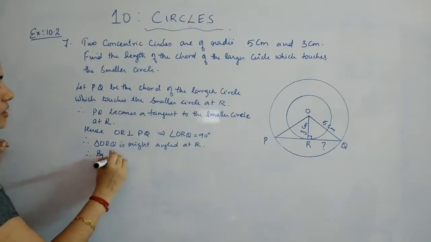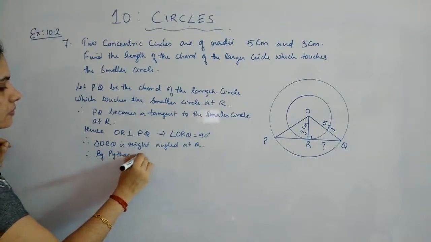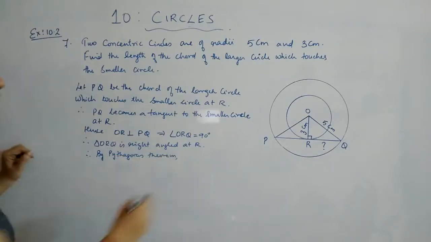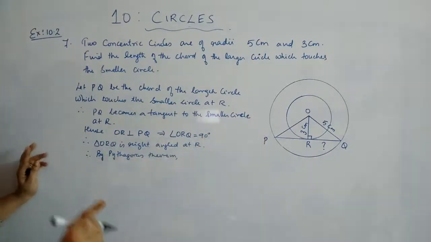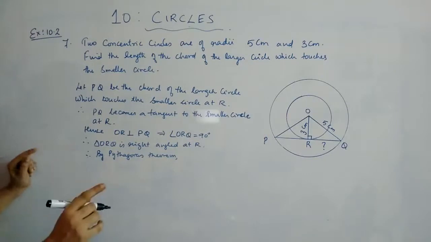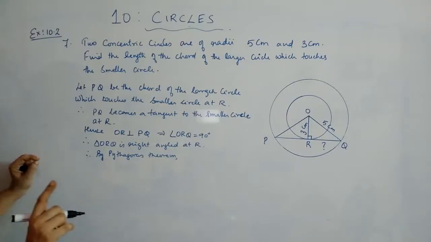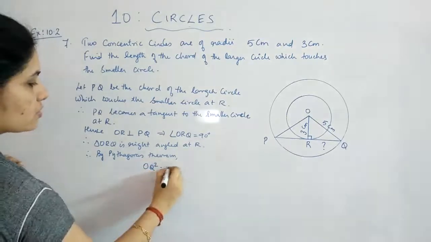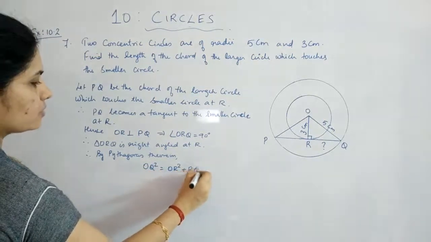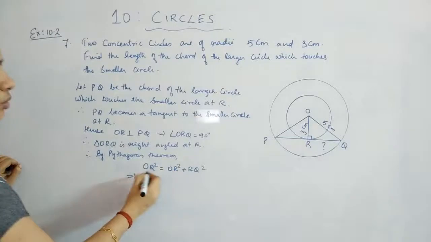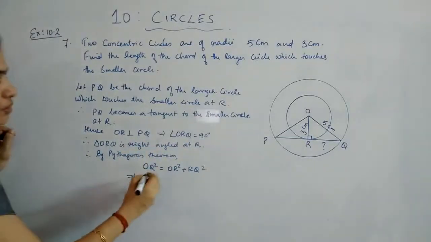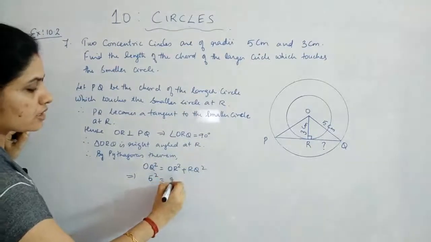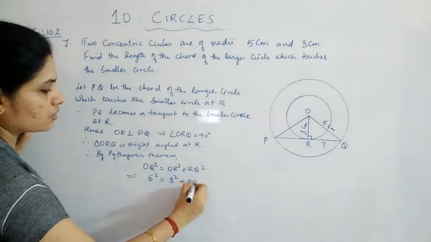Therefore, by Pythagoras theorem, because on the two sides you have OR and OQ, you have to find out RQ first. Okay, so you'll get OQ square is equal to OR square plus RQ square. Now, what is OQ? OQ is given to be 5 centimeters, so it is 5 square is equal to OR is 3 square plus RQ square.